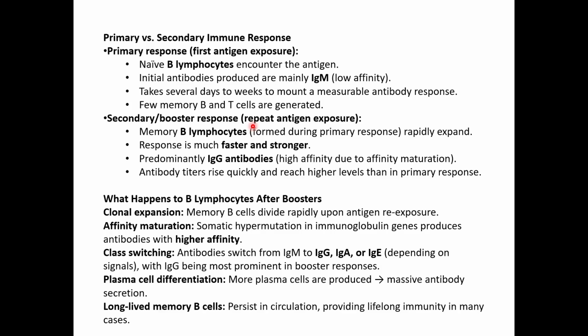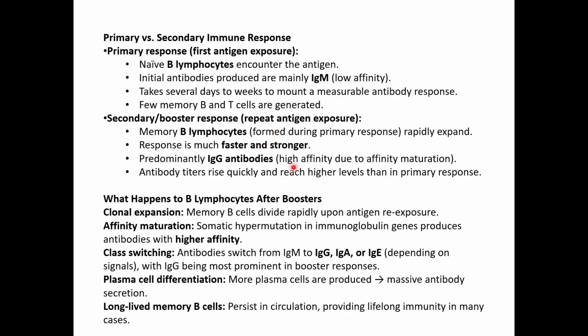So they have the memory of that exposure. So now they don't need as much time as they needed the first time, because it was new and they needed more time to identify, clonally expand and everything. But now, since they were already exposed, they expand rapidly, and the response is much faster and stronger.